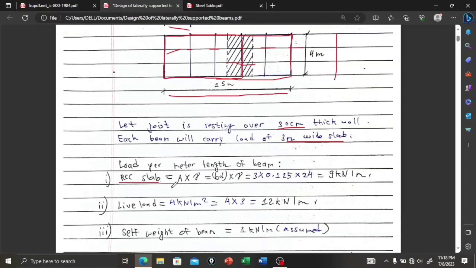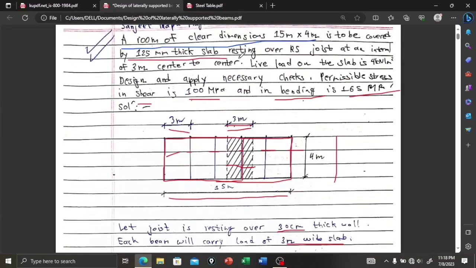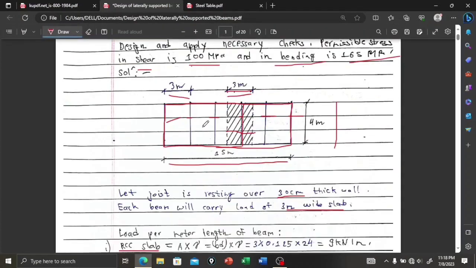RCC slab load per meter is area times gamma. Area is BD times gamma. B is this 3 meter and D is 125 millimeter.